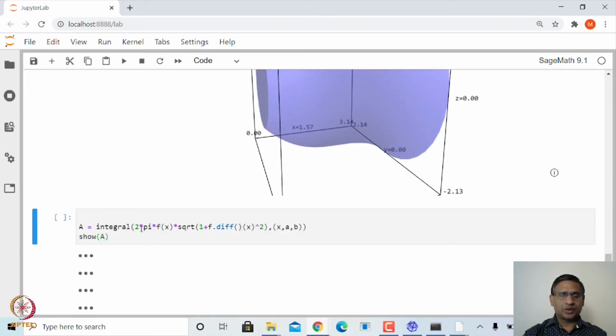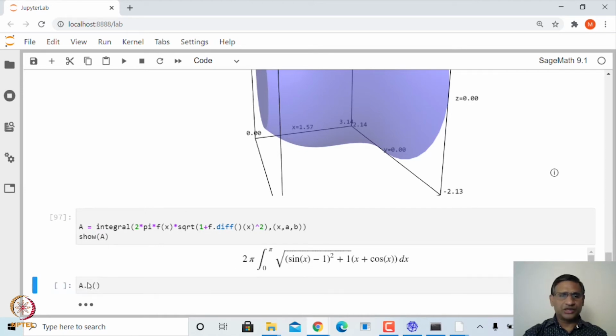the integral from a to b. A and b are mentioned already: 2 pi f(x) into square root of 1 plus f dash x the whole square from a to b, and this integral, that is the surface area, turns out to be this value.